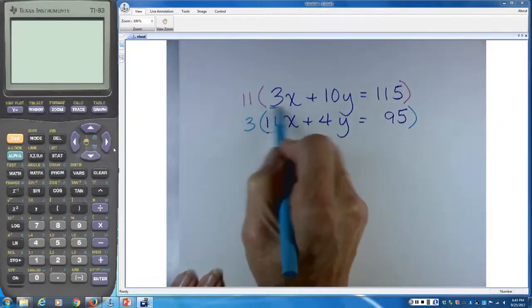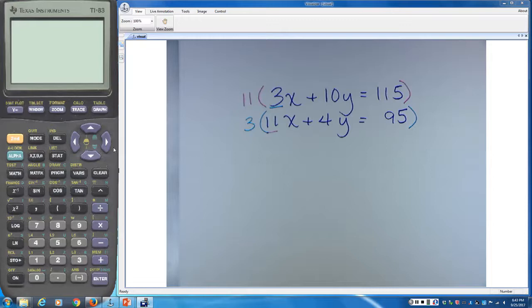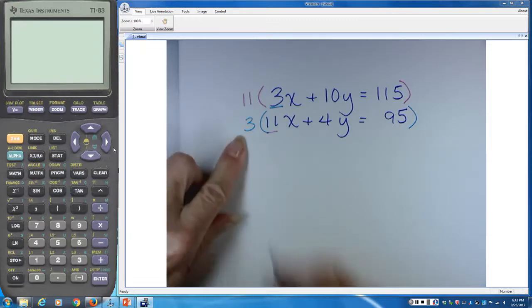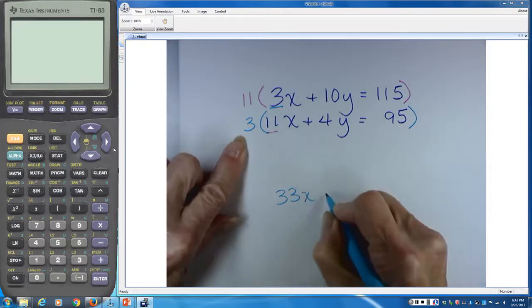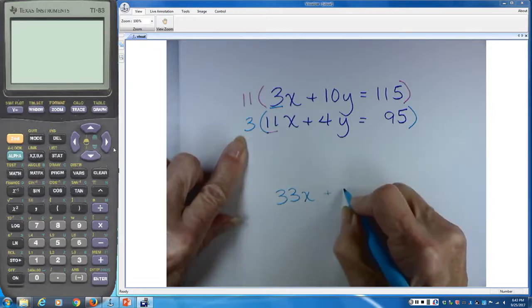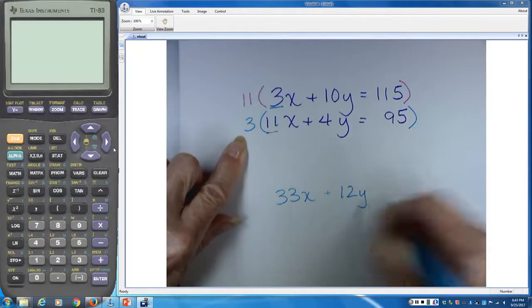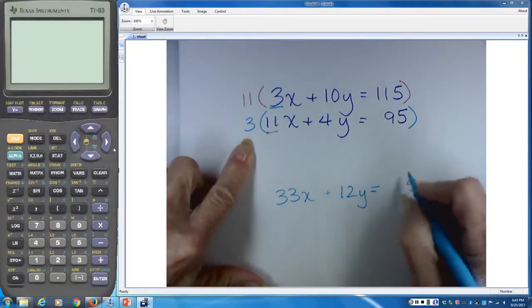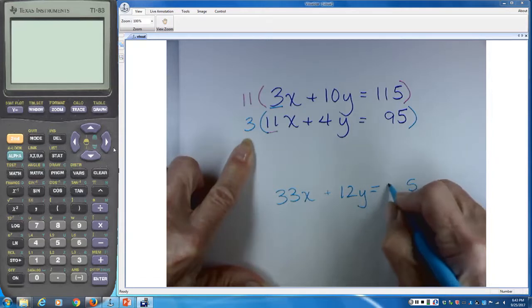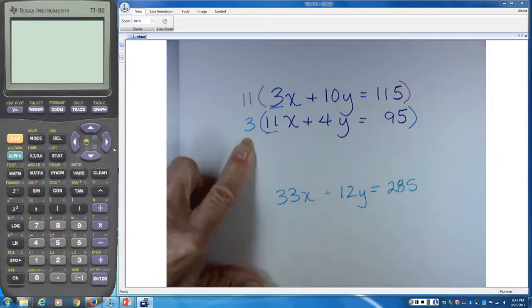That would be that 3, right? Now, nobody's going to die yet, because when I multiply through here, the bottom one becomes 33x plus 3 times 4 is 12y equals 3 times 95. I believe that's 285. Y'all check my arithmetic.